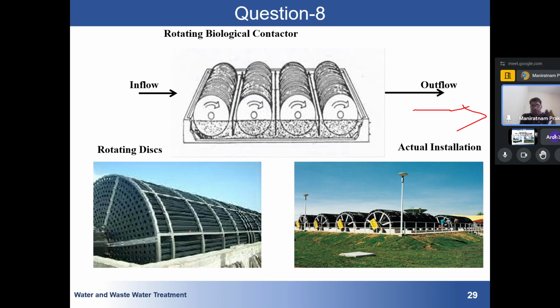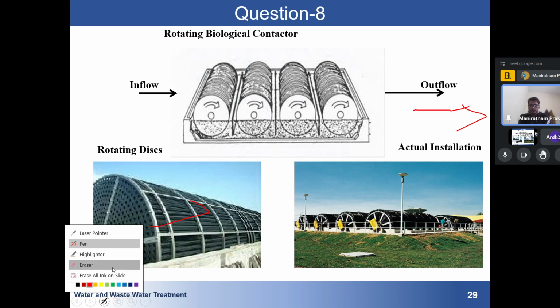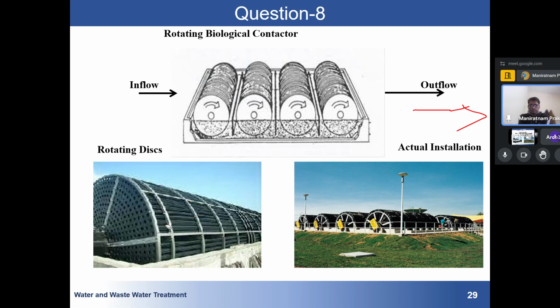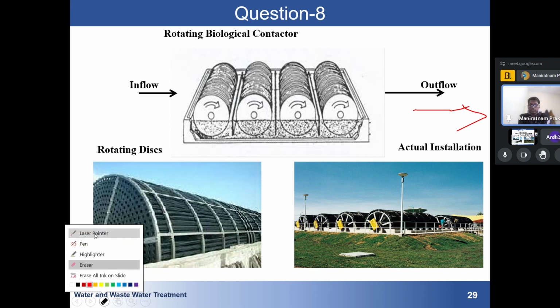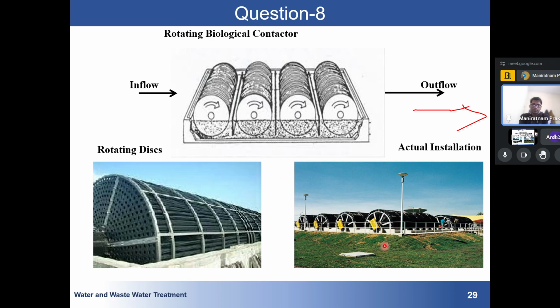This is a picture of a single reactor, but remember this is a big plant. This picture is not from India. There is a big plant which is using this rotating biological contactor.